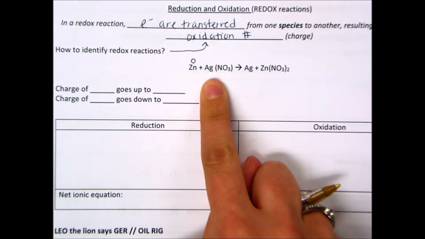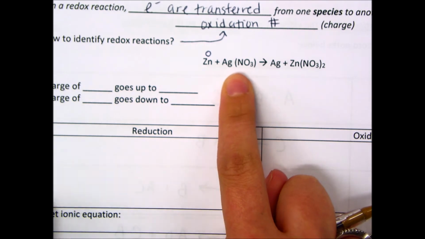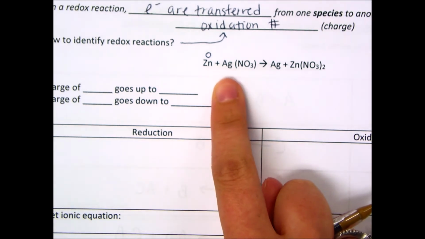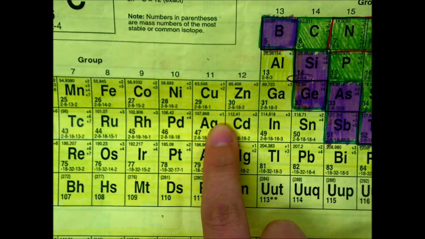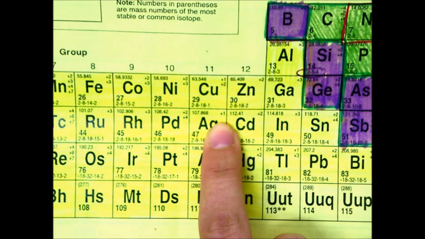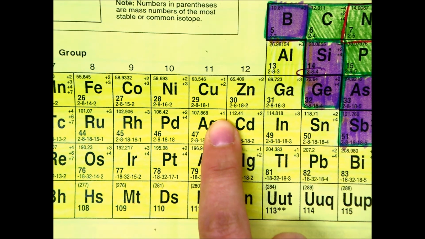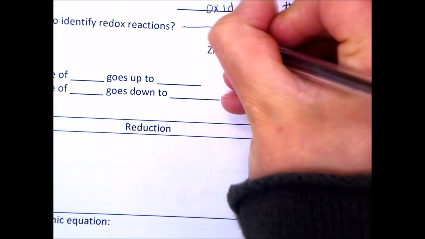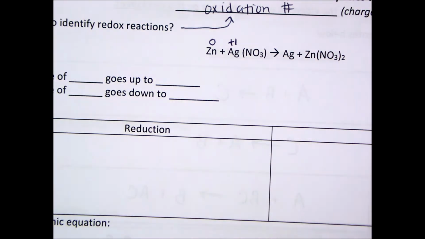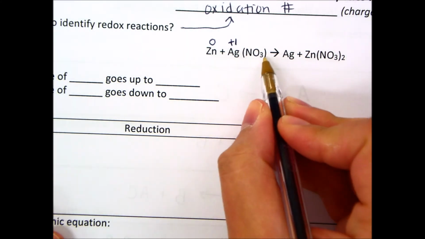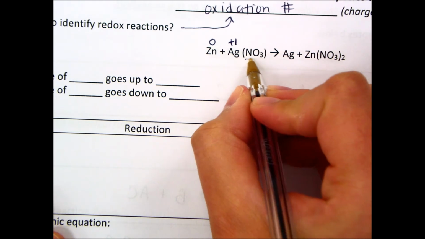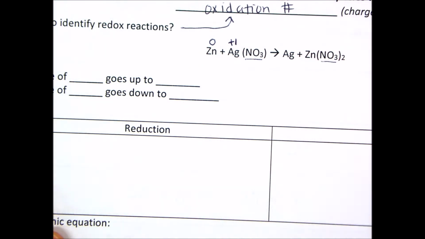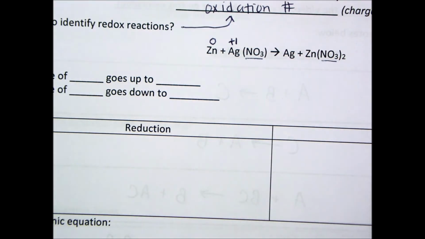This guy, silver nitrate. Well, if I look at Ag on my periodic table, it only has one possible charge when it's combined with another element, and that's +1. So this must be +1. All right, and I'm actually not going to worry about defining the oxidation number states for the NO3 just because it shows up on both sides of the equation, so its charge won't be changing.